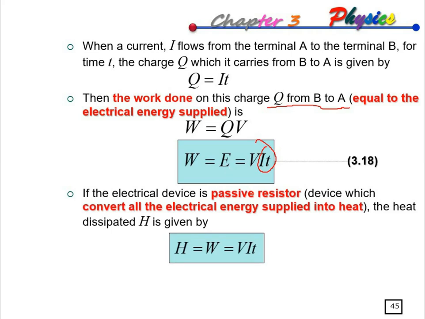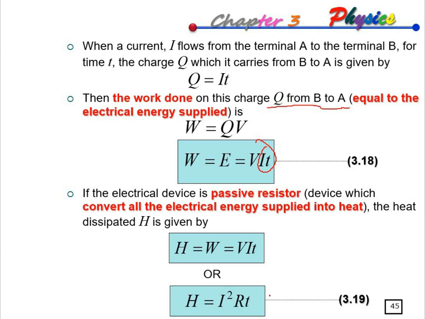If the electrical device is a passive resistor, a device which converts all the electrical energy supplied into heat, then the heat dissipated H is given by the equation H equals W equals VI t. It's just for the passive component. Or we can have the equation H equals I squared R times t.